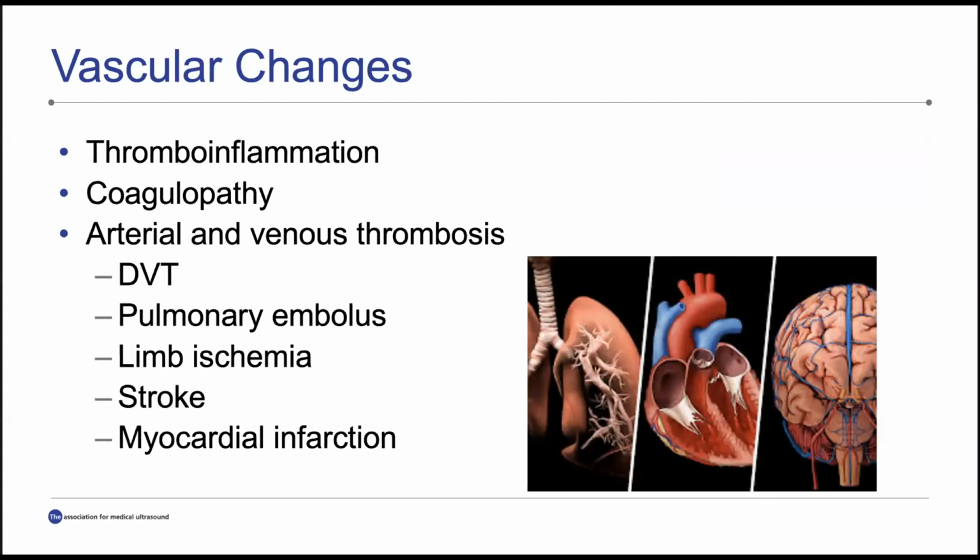So the vascular changes that we saw throughout the body were related to this thromboinflammation, right? Multifactorial, producing coagulopathy, resulting in arterial and venous thrombosis. And we see patients present with DVT, pulmonary embolism, limb ischemia. They present with stroke and myocardial infarction, just to mention a few of the problems.